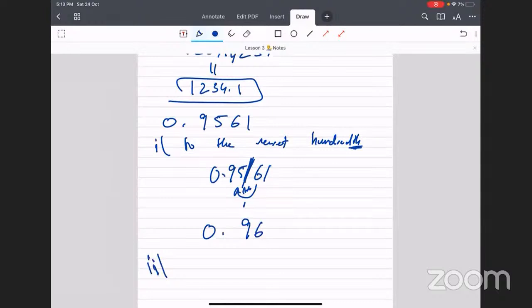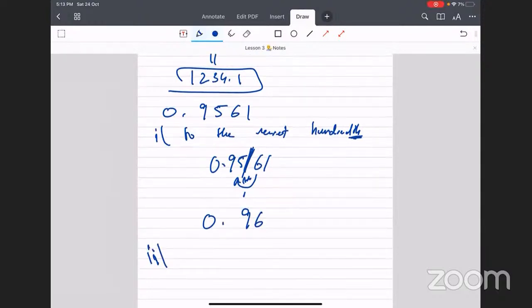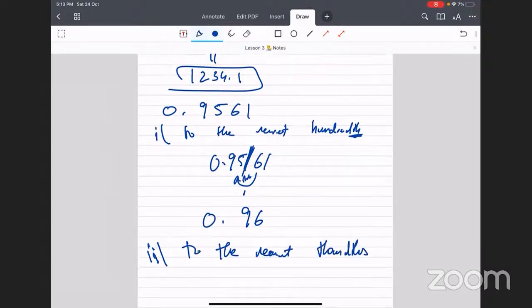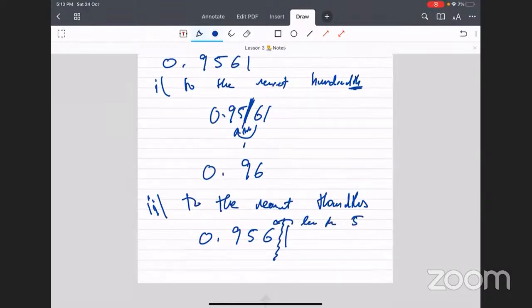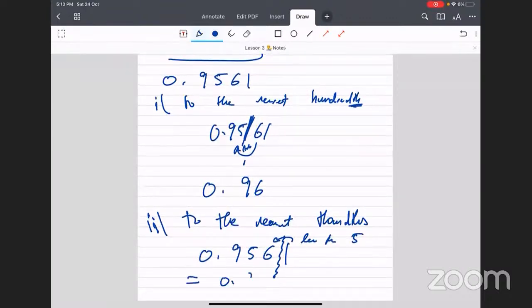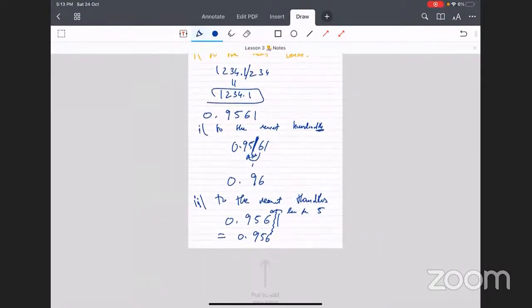Number 2, to the nearest thousandth, that would be 0.9561. Then I'll check here. It's less than 5. So it will be equal to 0.956.